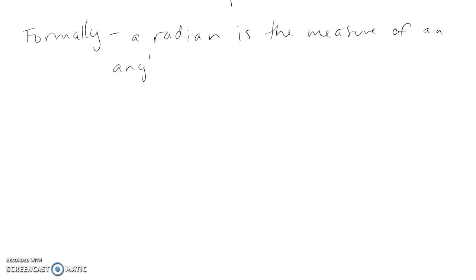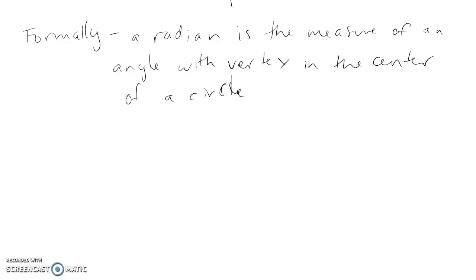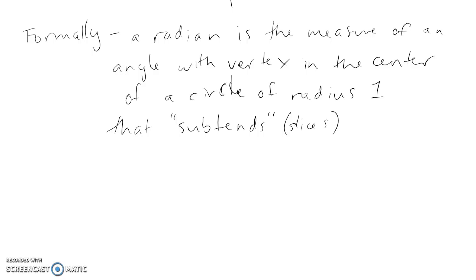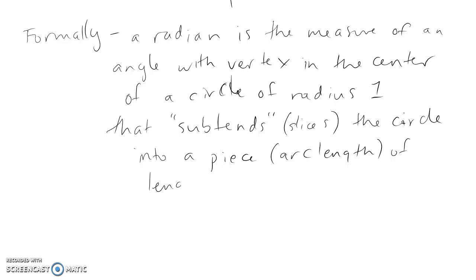Okay, so formally, a radian, I'll say it again, is the measure of an angle with vertex in the center of a circle of radius 1 that subtends, and you could think of that as slices the circle into a piece or arc length, which is just like a segment of a circle, of length 1.